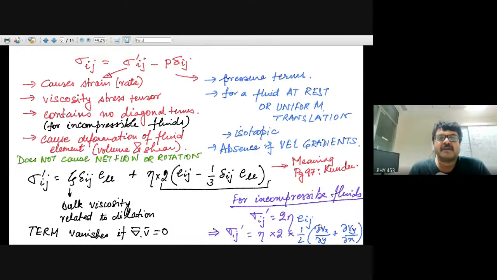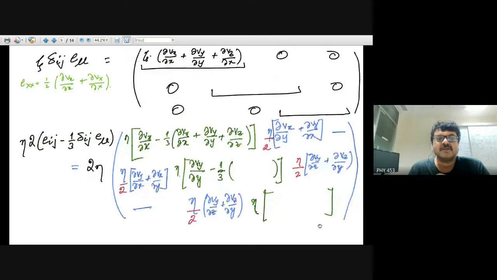But remember, when you're writing this in the tensor notation, it means that you are summing up all the terms, right? So hence you have 1/3 into del Vx, I mean, basically divergence of V, right?